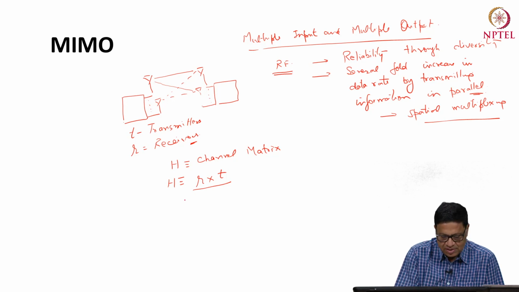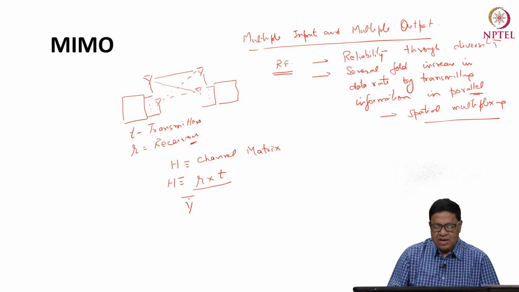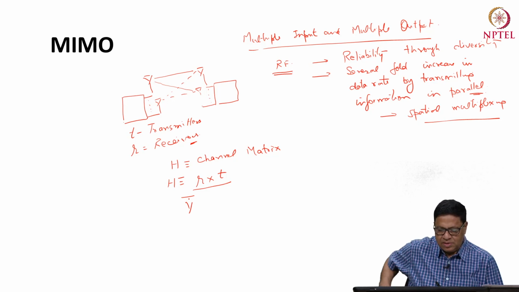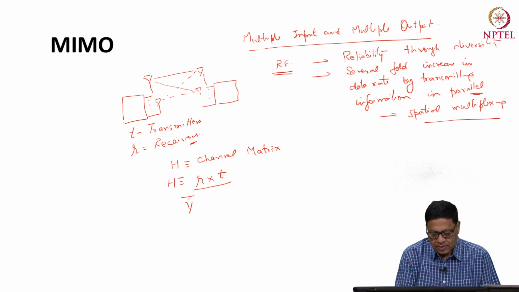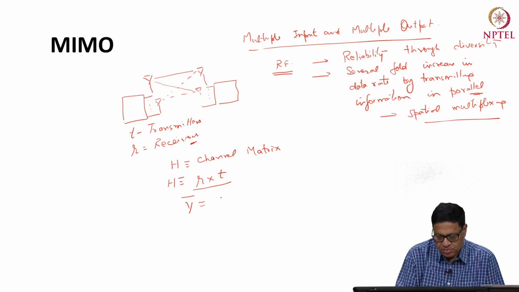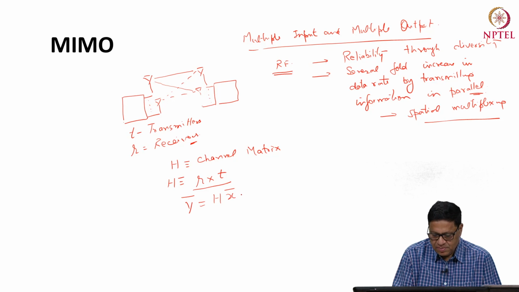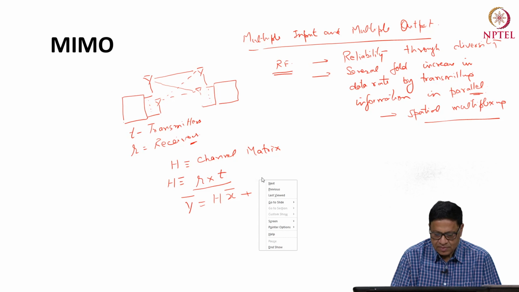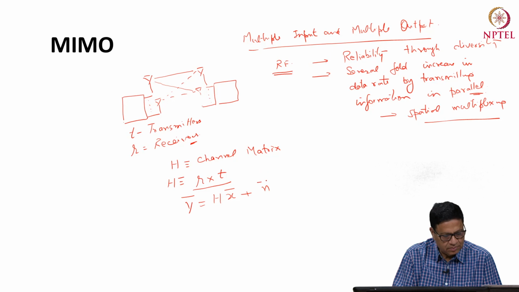So the system equation becomes Y. Y becomes a vector because there are multiple outputs. Y is equal to channel matrix into X. X is again a vector because there are multiple inputs, plus noise, which is also a vector in each channel.